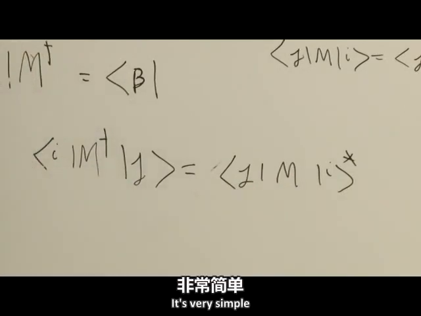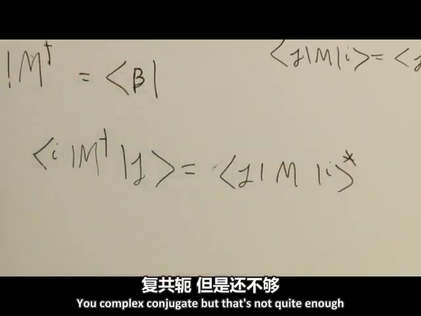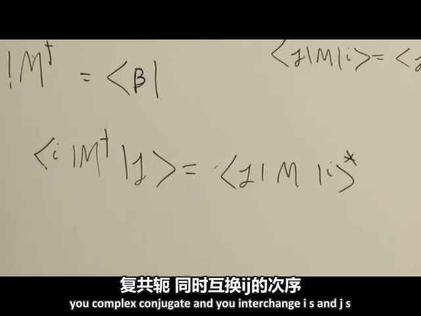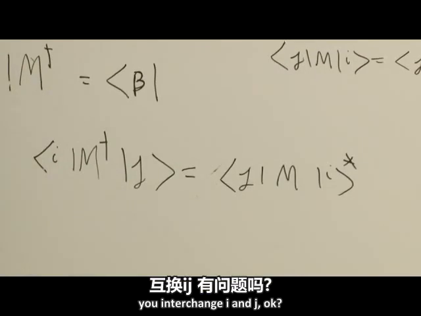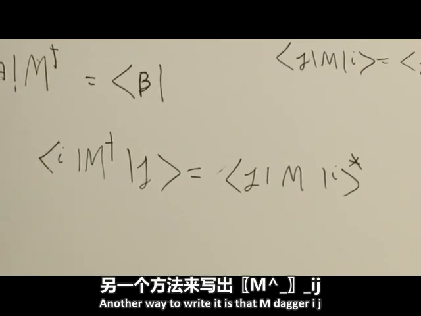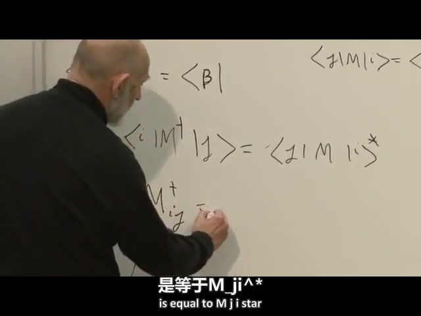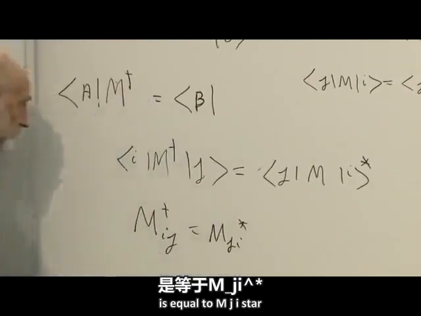It's very simple. You complex conjugate, but that's not quite enough. You complex conjugate and you interchange I's and J's. You interchange I and J. Okay? Another way to write it is that M dagger Ij is equal to MJI star.